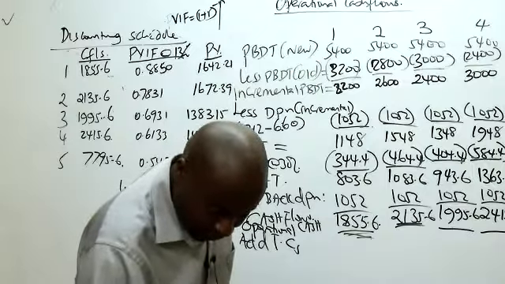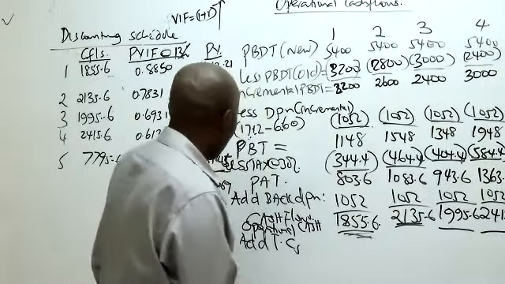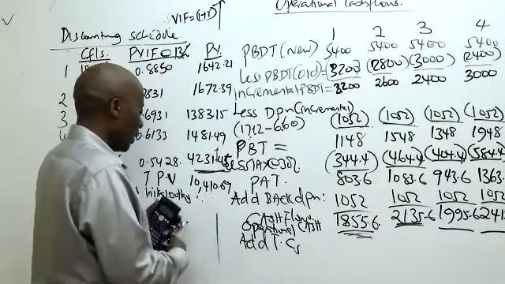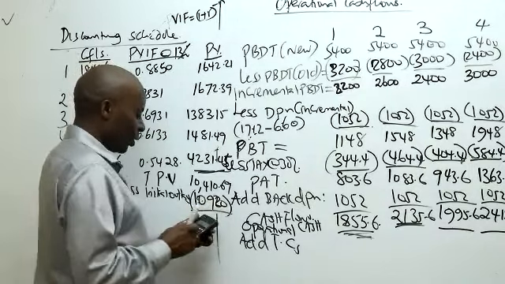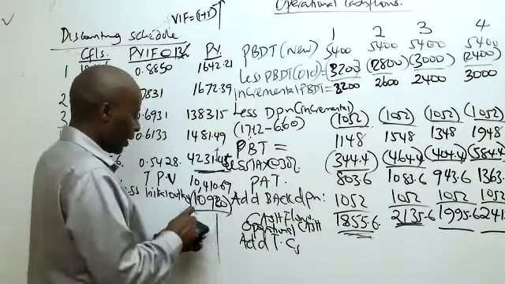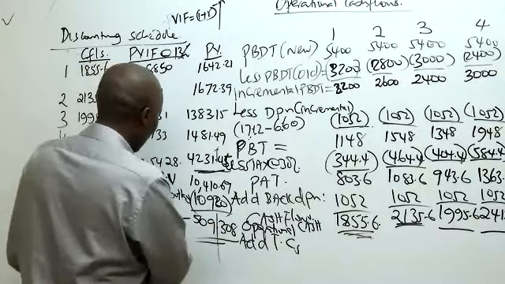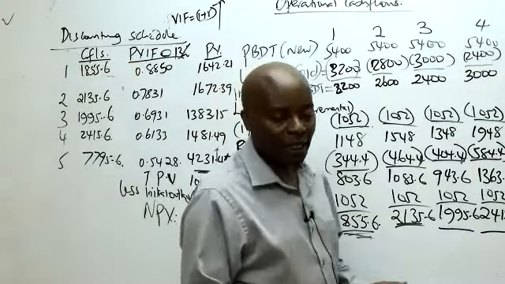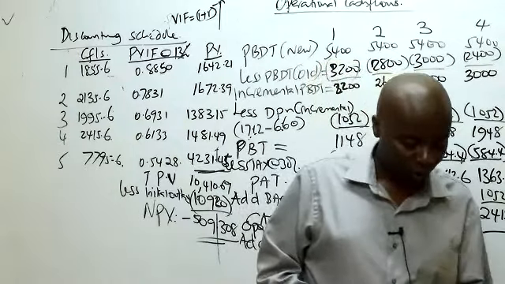The initial outlay was quite a huge figure. It was 10,920. We subtract it, so we have minus 10,920, which gives us minus 509.31 net present value. Meaning that this project is not viable. Do not replace.